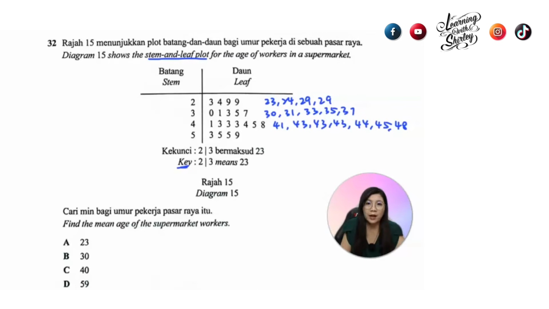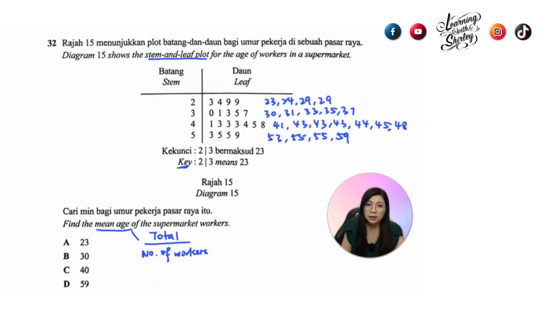And next, we have 53, 55, 55, and 59. Okay, so here, they ask you to find the mean age of the supermarket workers. So to find mean, we have to use the total ages, then divided by number of supermarket workers.